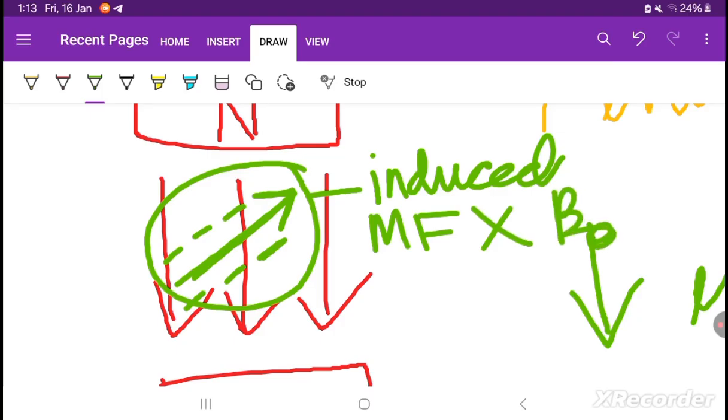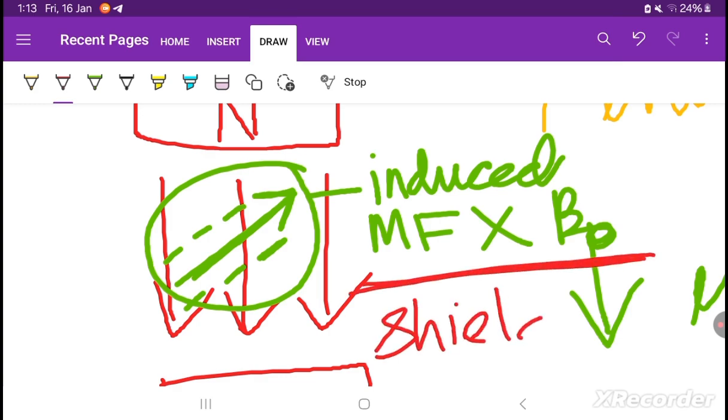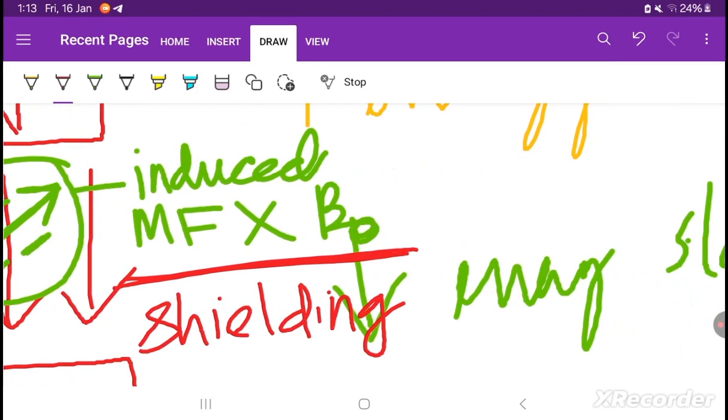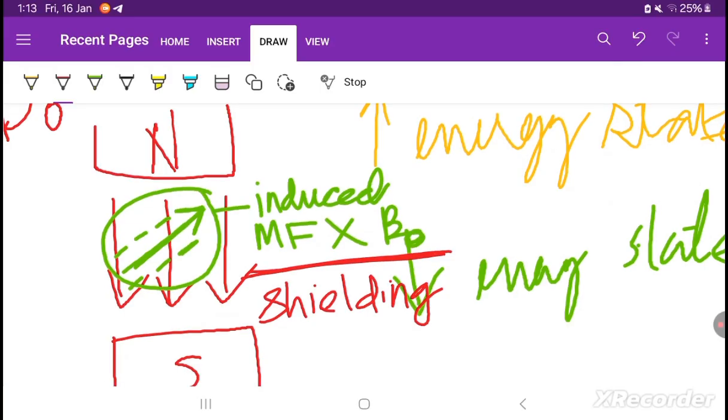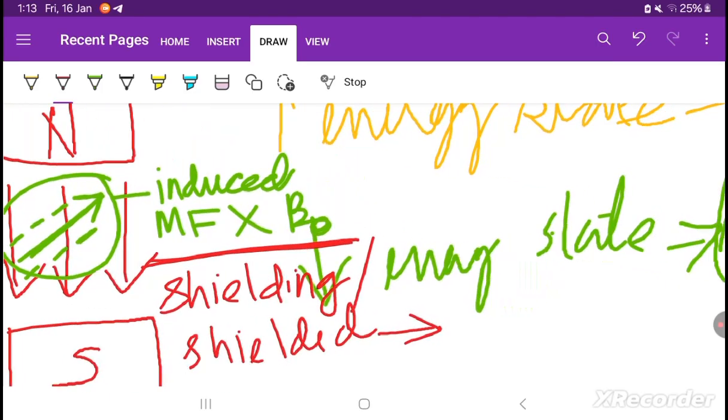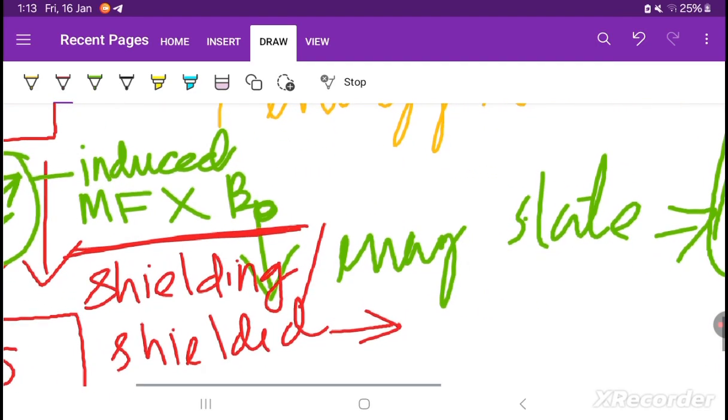And this is what we call shielding. So whenever there is shielding, we say it is shielded. Whenever it is shielded, we say it is upfield.